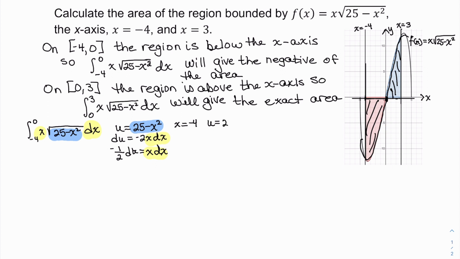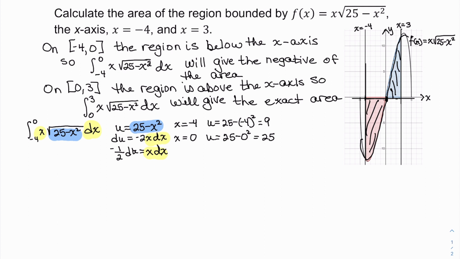So it's 25 minus that -4 squared, and that gives me 25 minus 16, or u is equal to 9. When x is equal to 0 for the upper limit of integration, our u comes out to be 25 minus 0 squared, which is 25.